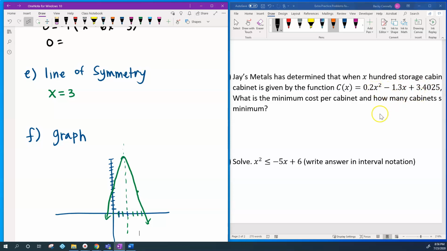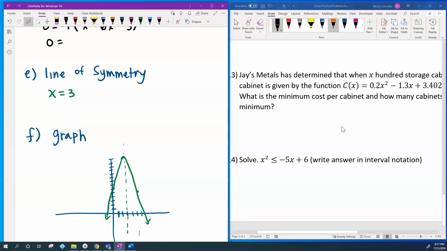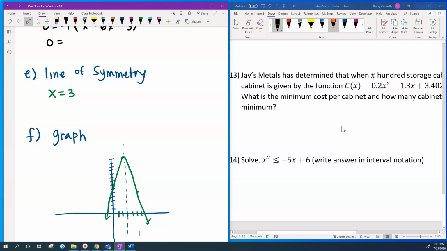To find the vertex, you're just doing -b over 2a, and then you're just plugging whatever you get for x into this function. So that shouldn't be too bad, but sometimes you'll see these crazy decimals.